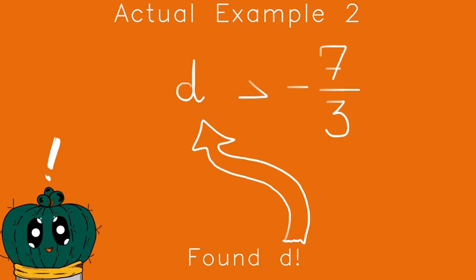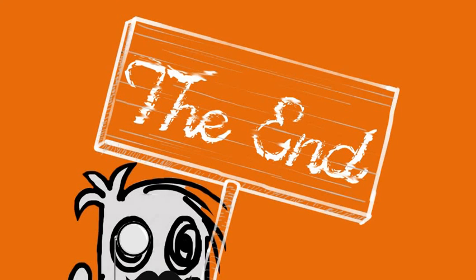We have found that d is going to be greater than negative 7 by 3. Again, not the exact value, but we are pretty close. We eliminated a lot of potential values, and I don't think we can go closer than this. That's all from my side, thank you for watching, and I really hope you learned something.